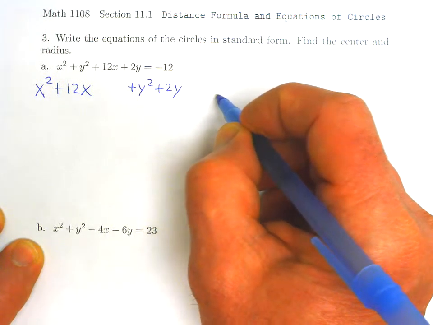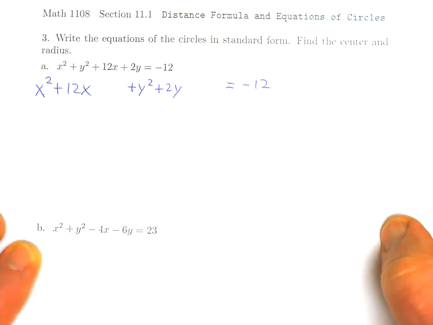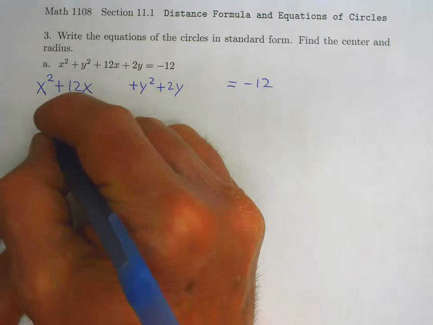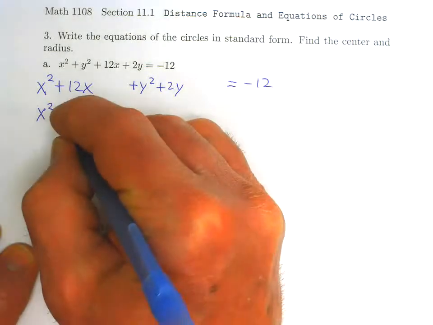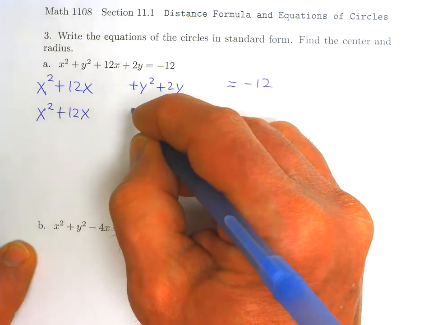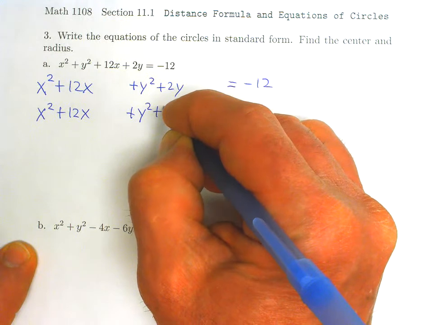Leave some space before I write the equal sign, equals negative 12. Then in the next step, we're going to complete the square on x squared plus 12x. We're also going to complete the square on y squared plus 2y.